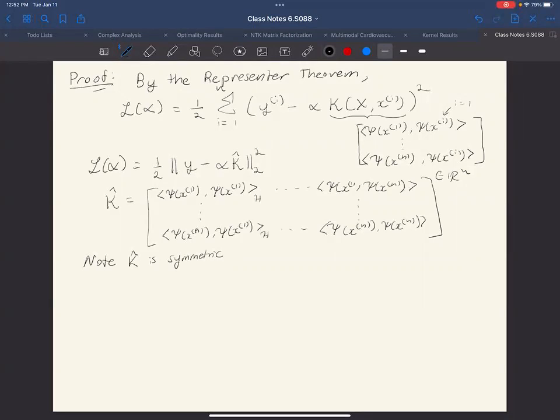I should mention we're only going to be considering ones which have the symmetry property, not conjugate symmetry. But either way, the coefficients are 1, so it's fine. So we have the symmetric property. And so we have that k hat of ij is exactly our kernel. It's exactly k of xi, xj, which is given by that inner product.